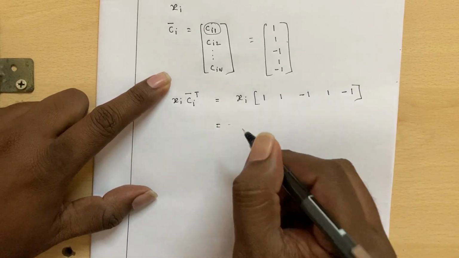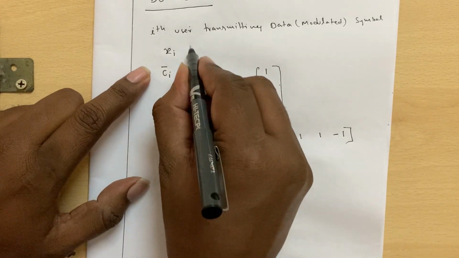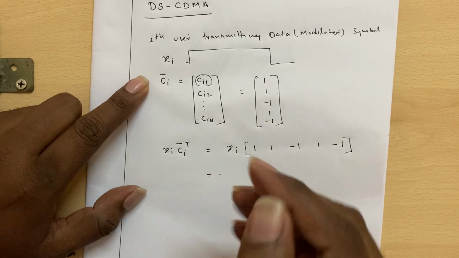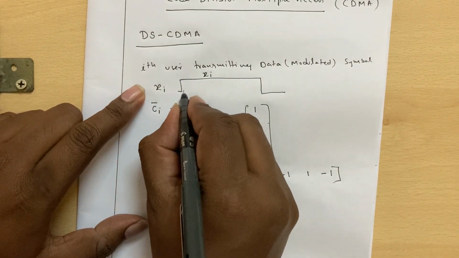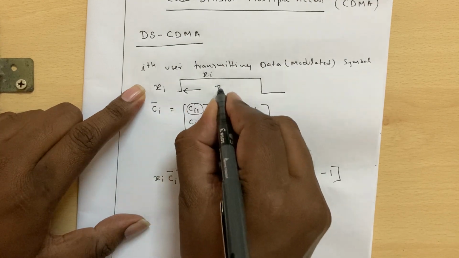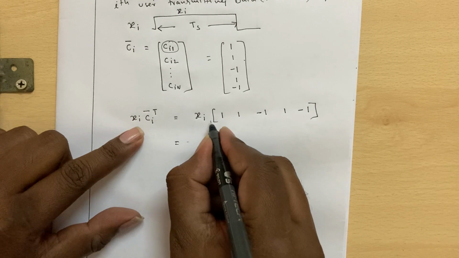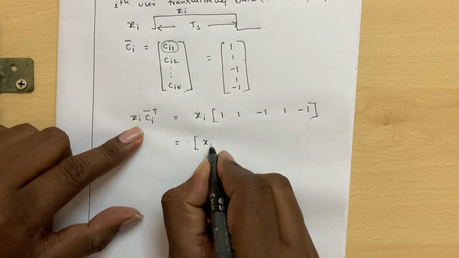So instead of transmitting a wide pulse like this, having amplitude x_i and duration equal to the symbol duration Ts, what the user transmits is the multiplication of the code word with x_i.